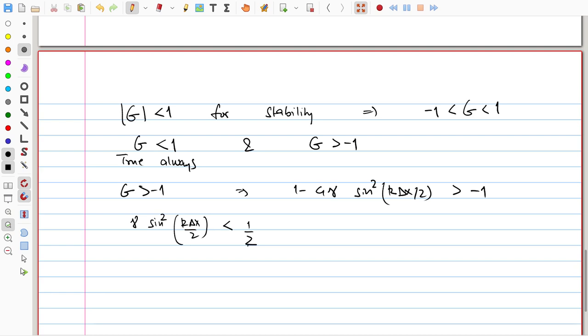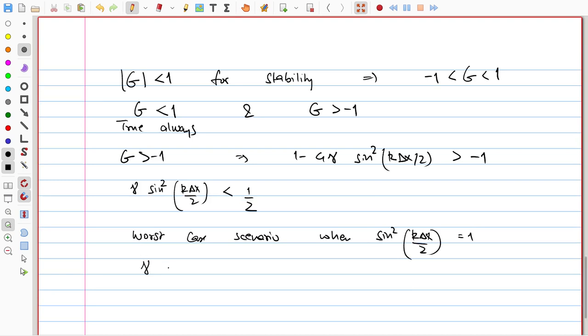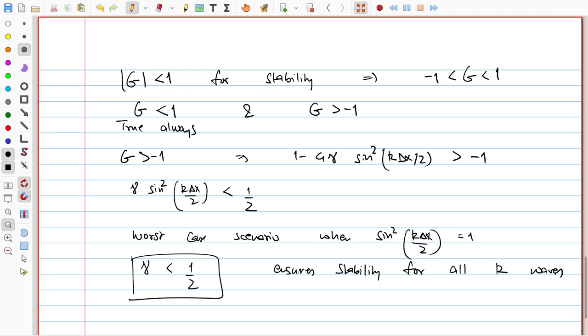So if that condition is true, then it's true for all k values. Right, so this ensures stability for all k waves.